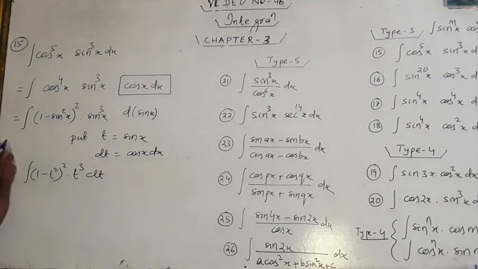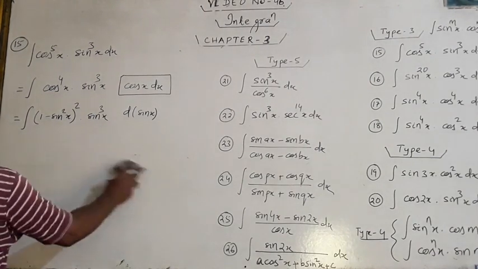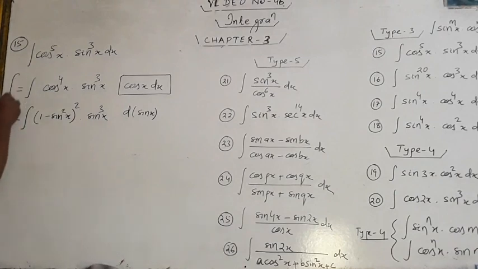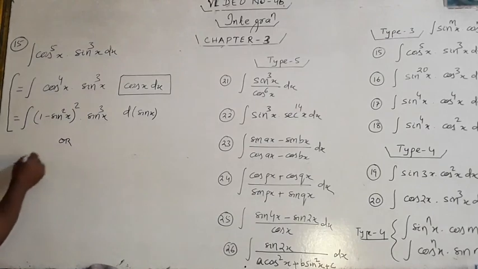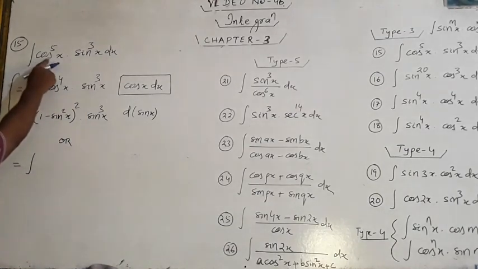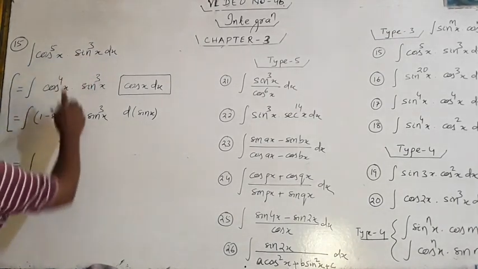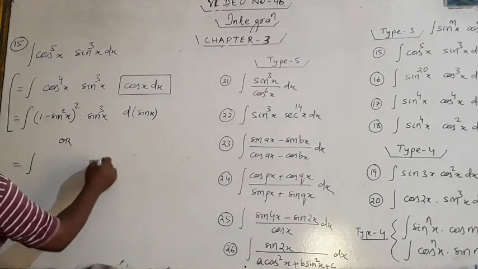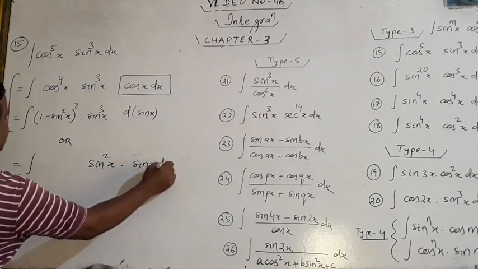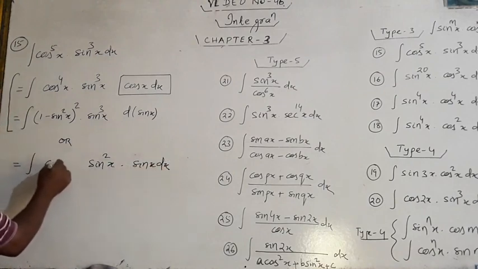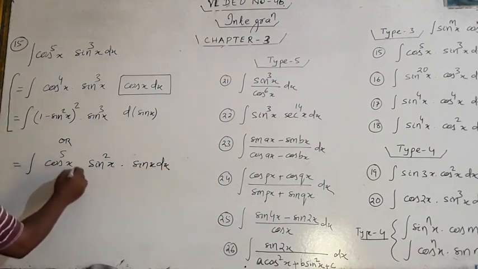Or you can do this problem by another method. Look at here. Or you break this cos x. Now you can break this sin. Now it is sin square x into sin x dx. Now it is cos power 5.